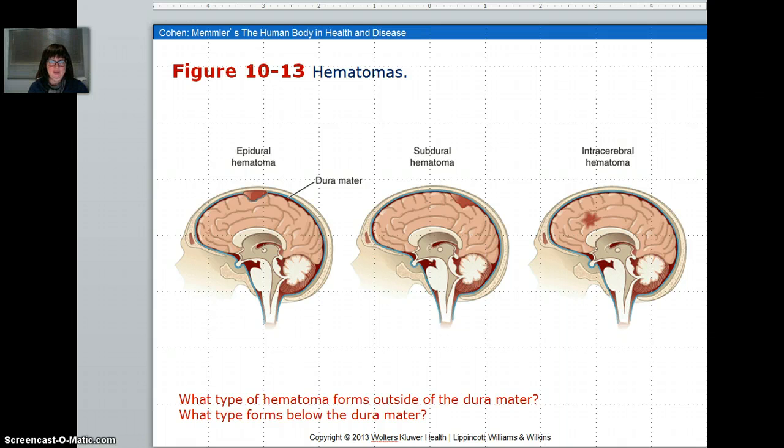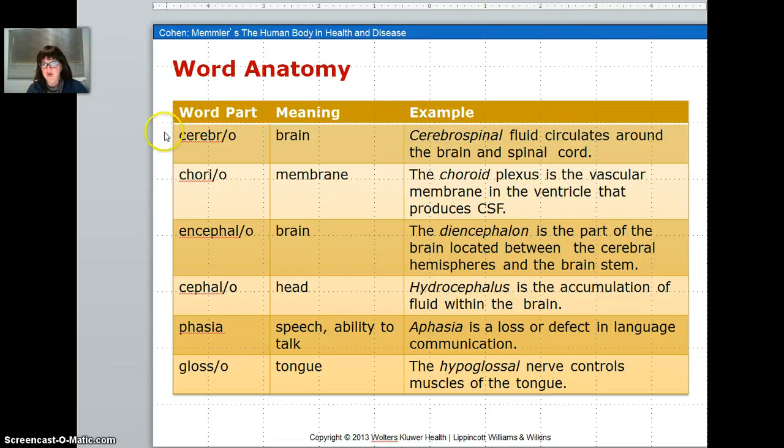Okay, other brain disorders, they are a little more than we need to know. You just need to be aware of them. When we look at brain words, we have cerebral, which is brain. Choroid, such as choroid plexus, has to do with membrane. Encephalo is another brain word, a head word.